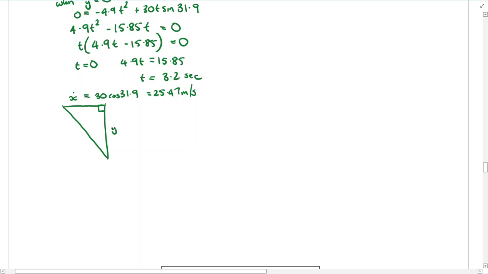The y velocity, I'm just putting these into the velocity equations, is -9.8 times 3.2 plus 30 sine my small angle 31.9, and that is equal to -15.51 meters per second.